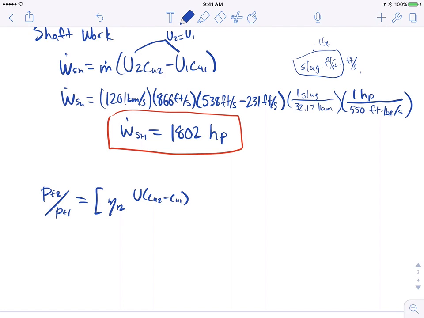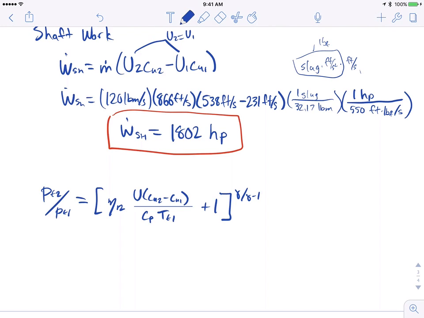We've made the assumption we're at a constant radius there. But we also have to divide by the specific heat times our total temperature. Then we have that plus 1, everything raised to the gamma over gamma minus 1.